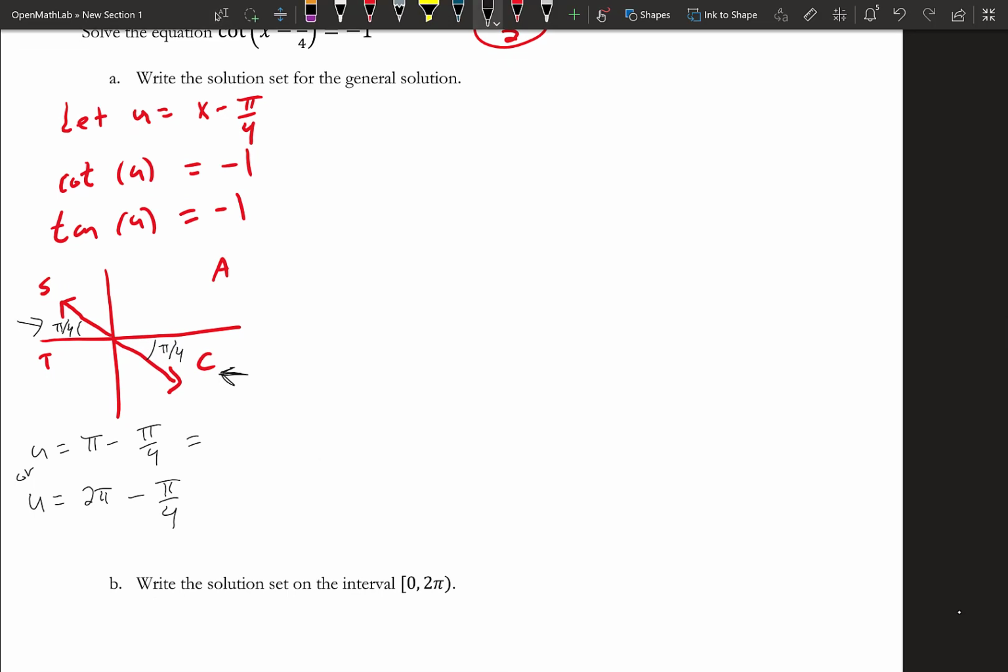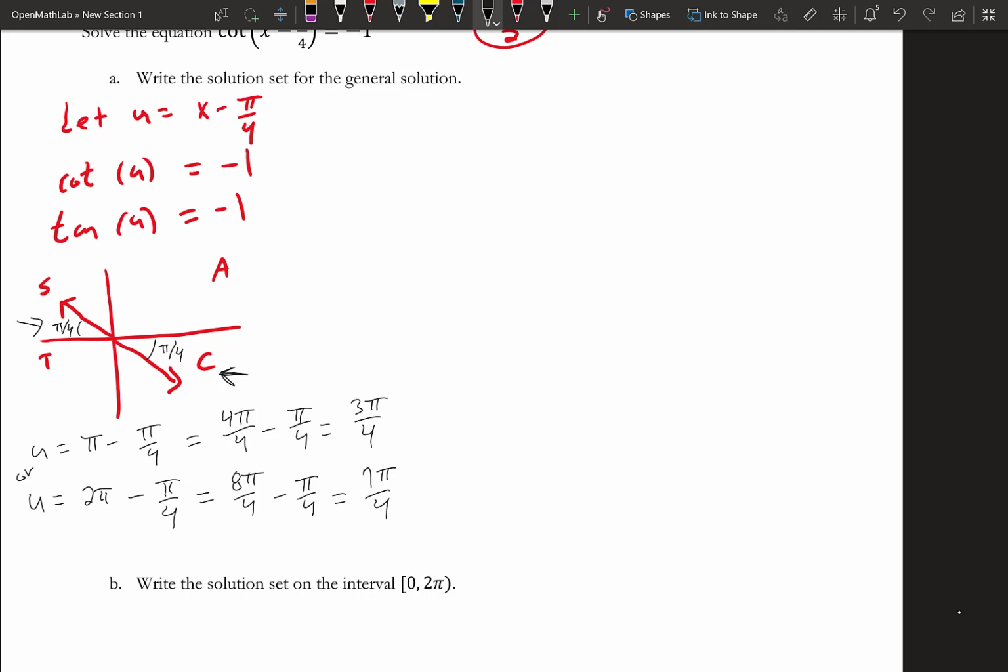So if I get common denominators, that would be 4 pi over 4 minus pi over 4, which gives me 3 pi over 4. And then here, 2 pi would be 8 pi over 4 minus pi over 4, which equals 7 pi over 4.